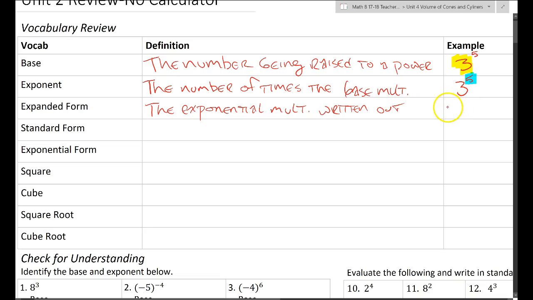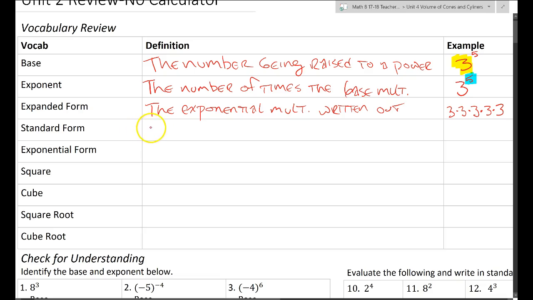So with this example, it'd be 3 times 3 times 3 times 3 times 3, because it's 3 to the 5th, which means I need 5 3's. Now please keep in mind this is times, this is not addition, this is multiplication, which means 3 times 3 is 9, not 6. 3 times 3 times 3 is 27, not 9, so on and so forth.